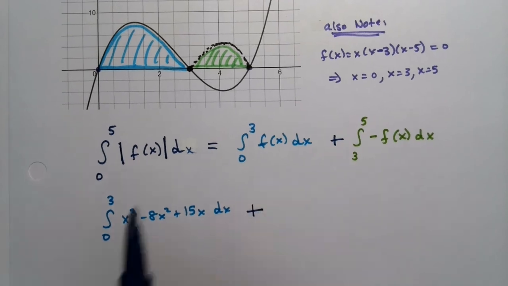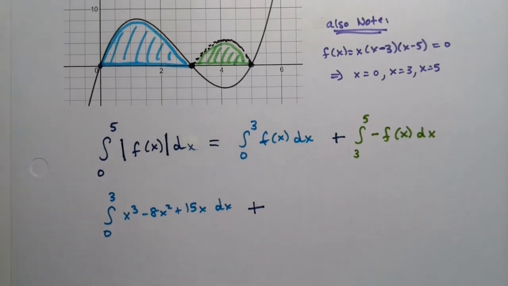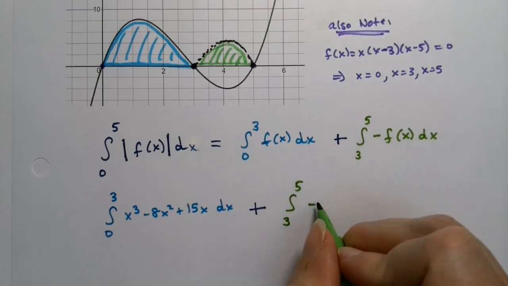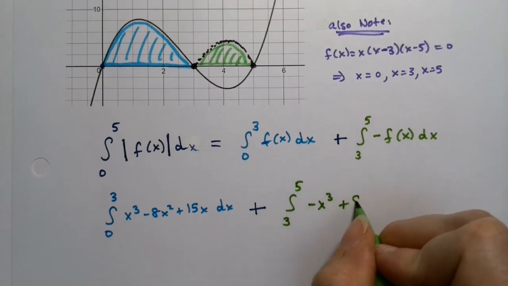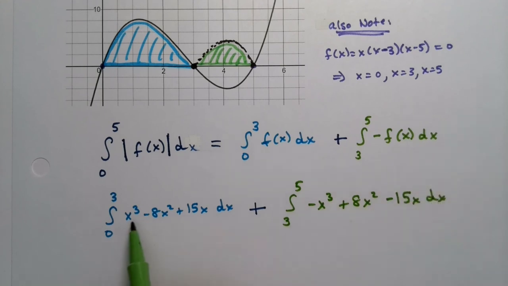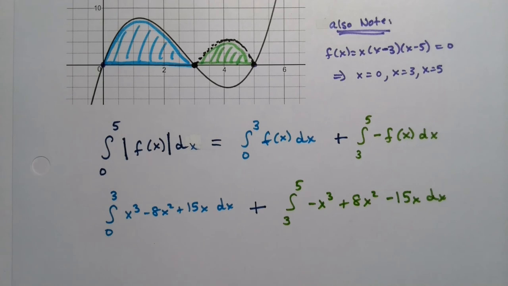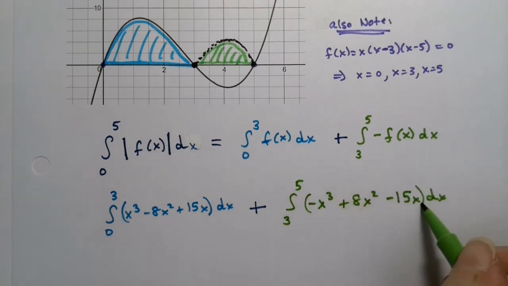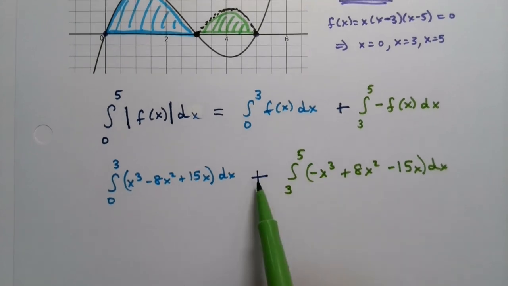I'm just going to add it to the integral from 3 to 5. It'll be negative x cubed plus 8x squared minus 15x. It takes every sign from f of x and makes them negative. So here's f of x, here's negative f of x. And again, the other option is to turn this plus sign into a minus sign, and that's totally valid if you want to do that, no problem.